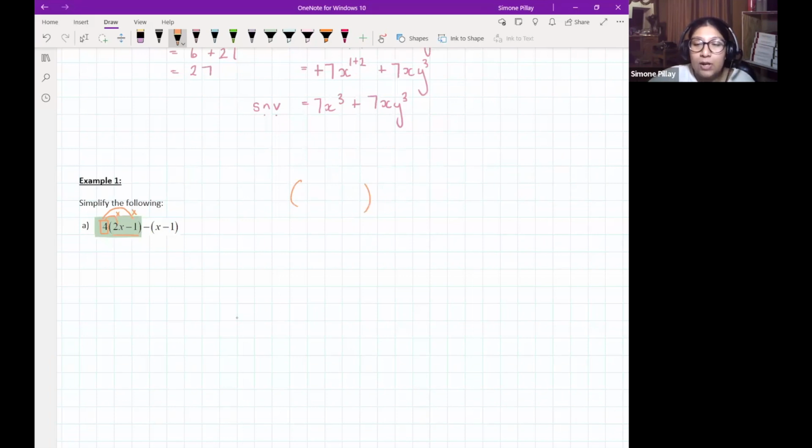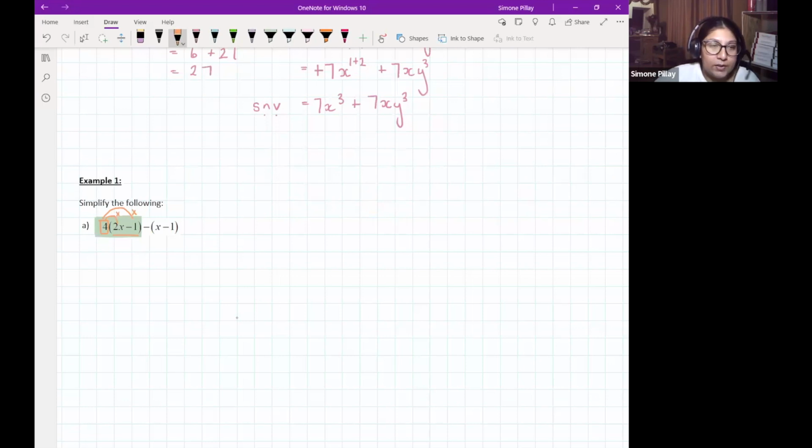But if we look at what's inside the bracket, there's 2 terms, okay? There are 2 terms inside my brackets, which is 2x and -1. When I look at the bracket itself, the bracket is 1 term. But if I look inside the bracket has 2 terms, okay?